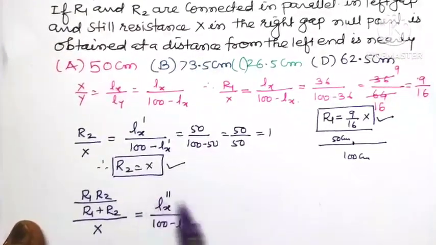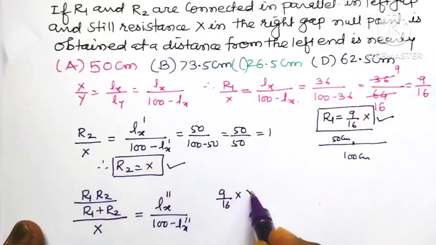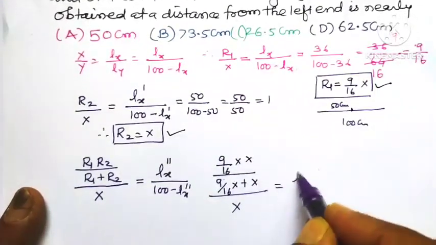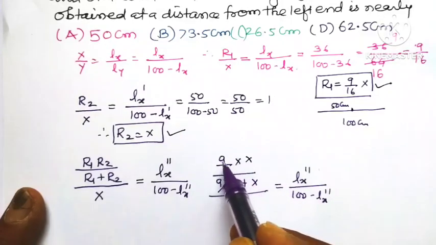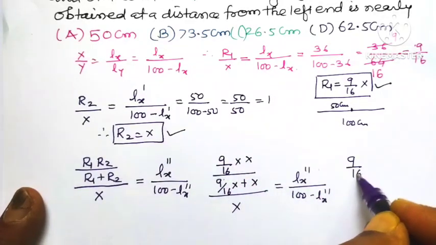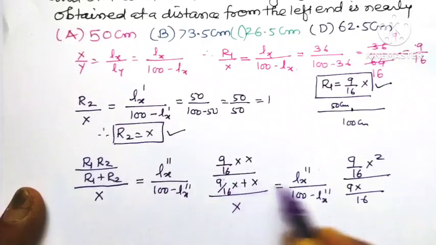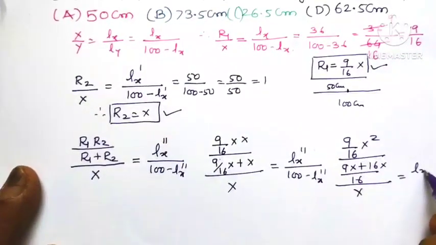Now for R1 into R2, we write R1 in terms of X as 9 upon 16 X, into the value of R2, which is X, divided by R1 plus R2, that is 9 by 16 X plus X, whole divided by X, and that is equal to Lx double dash divided by 100 minus Lx double dash.